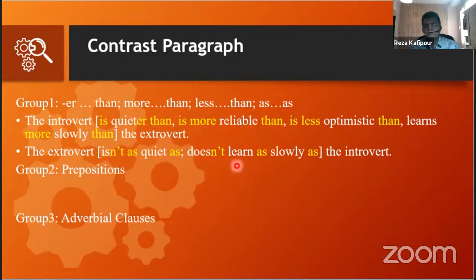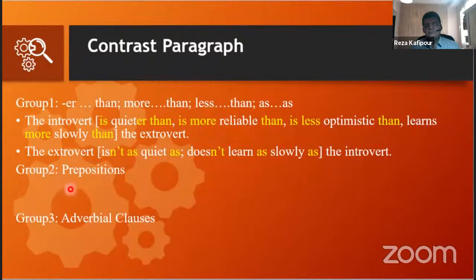But if we are using any other verb, for example learn, we use an adverb between as. If we use it in a positive sentence, it is a structure to show similarities. For example, the extrovert is as quiet as the introvert means both of them are the same, similar in this aspect. So using as with a negative verb shows differences.